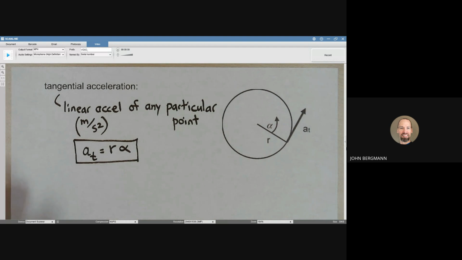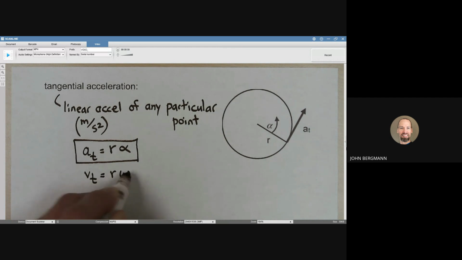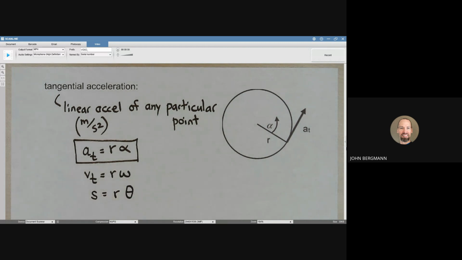One more thing here. We just wrote down on the previous page an equation for tangential speed. And when we first started these kinematics problems, we said that the linear distance, or the arc length, is equal to r times the angular displacement. I'm hoping that you can see a correspondence with these three equations.